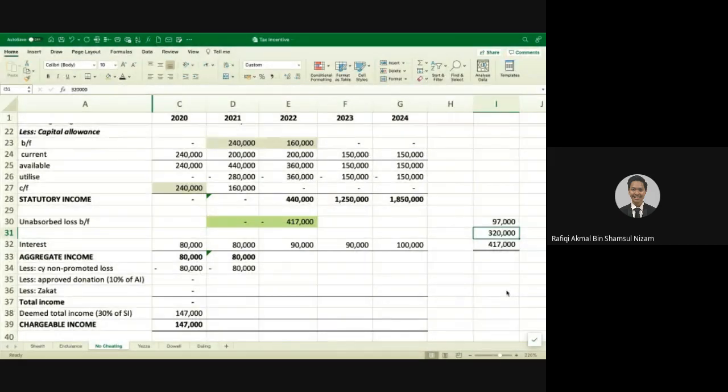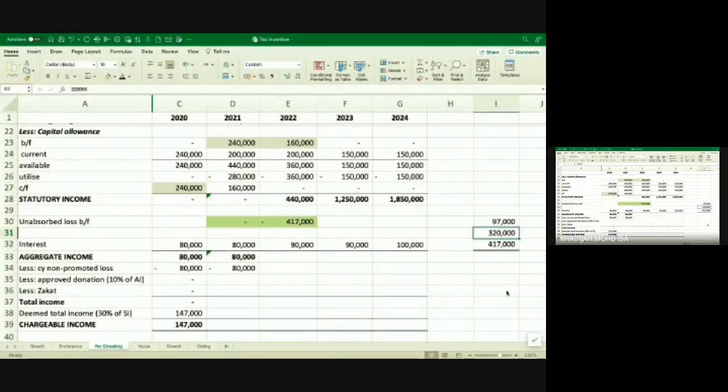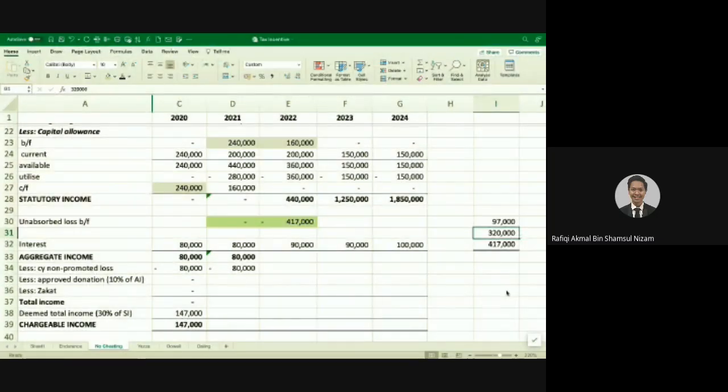So the total is 417,000. We set off against 2022 statutory income. Alright, very good.